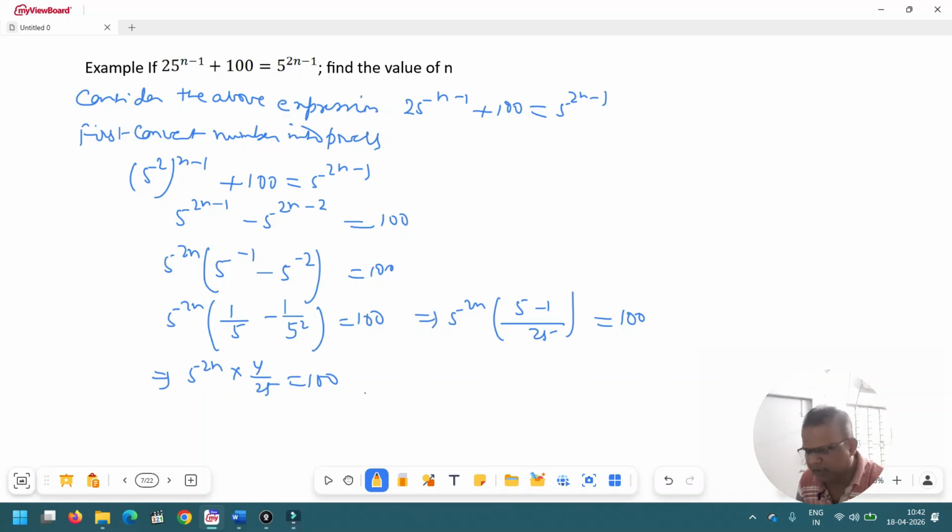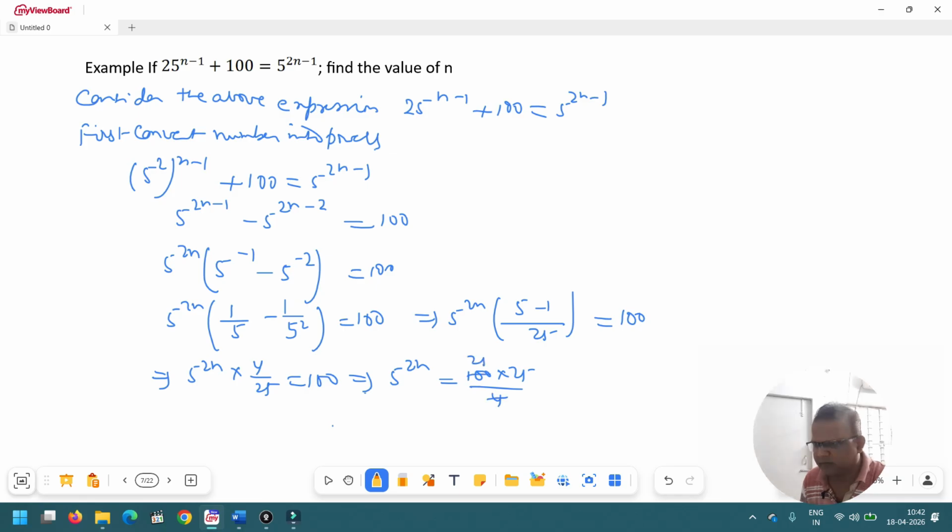That implies 5 to the power 2n equal to 100 divided by 4 by 25.